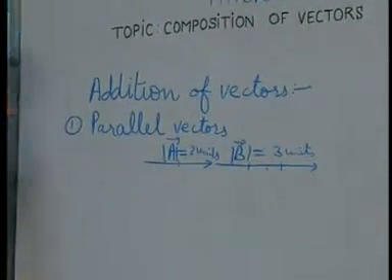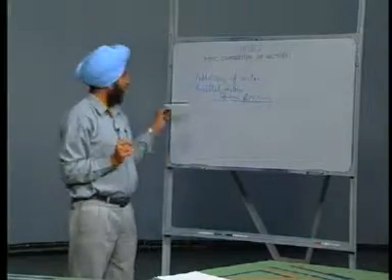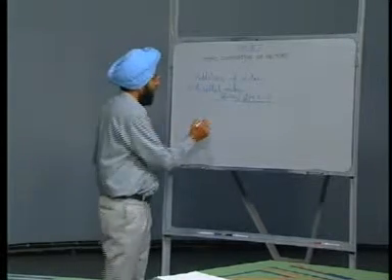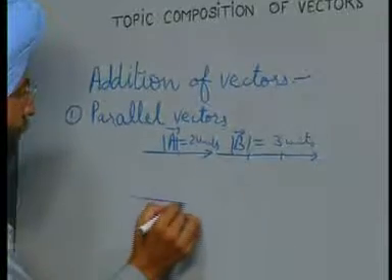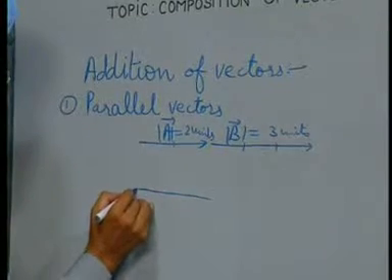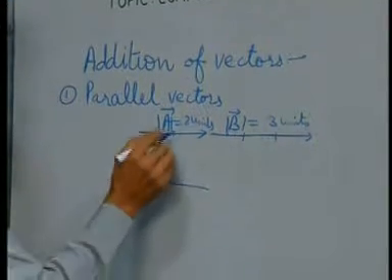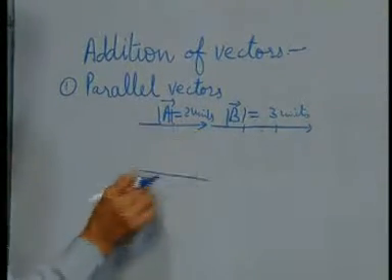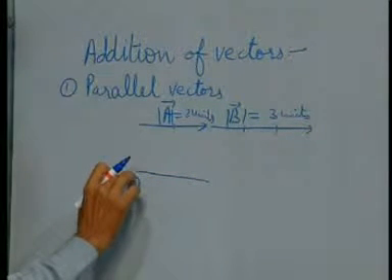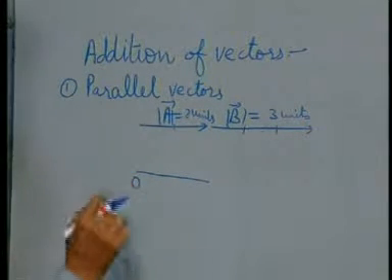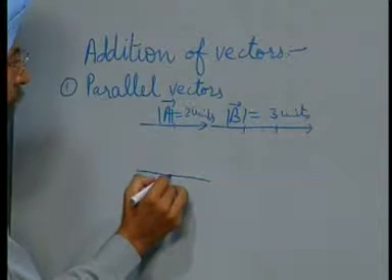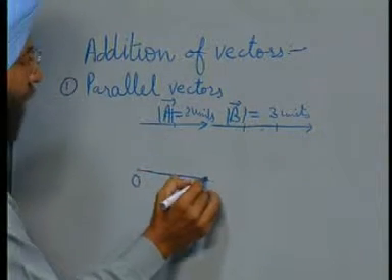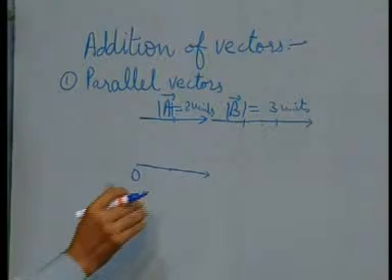Now, when we are to add the vectors that are in parallel direction, we take one origin O, place the tail of vector A at O, and move in the direction of A by 2 units.